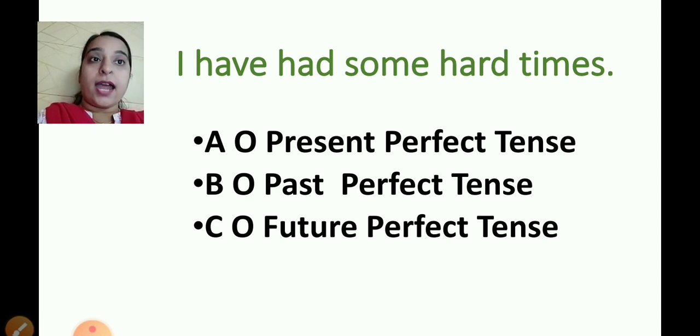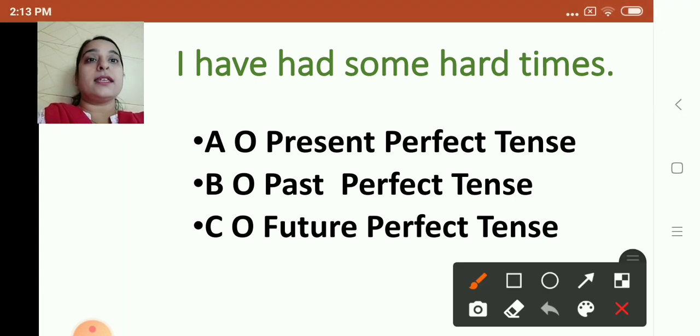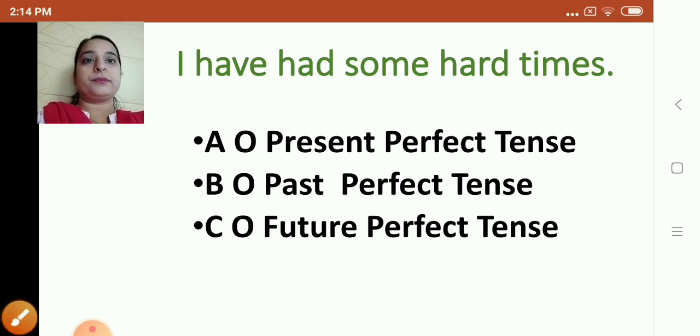So children, have had. So have we are using for the present, okay? Have had, so past participle. So I have had some hard times. Which tense children? It is present perfect tense. So you have to click on present perfect tense, okay?